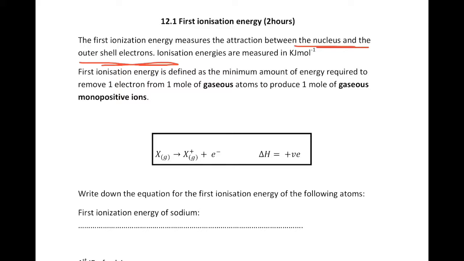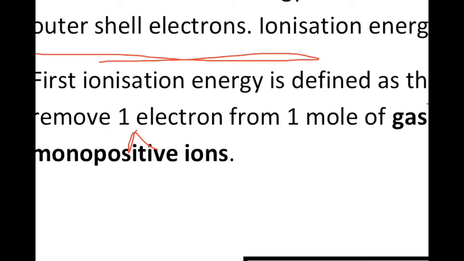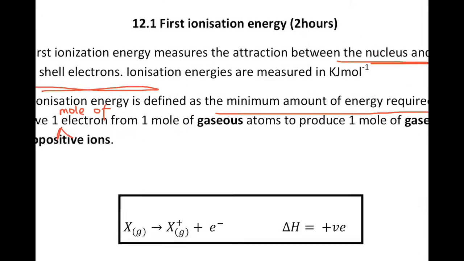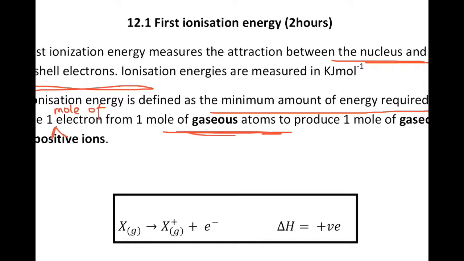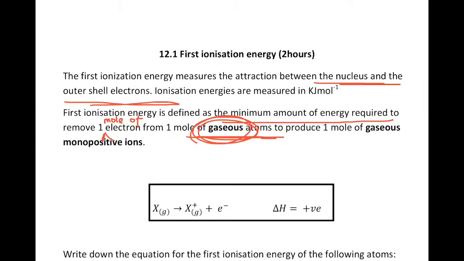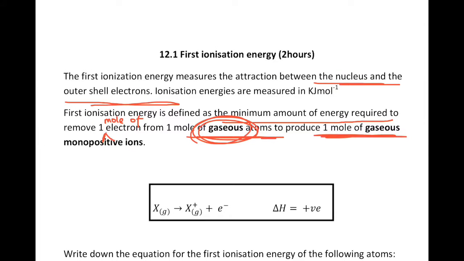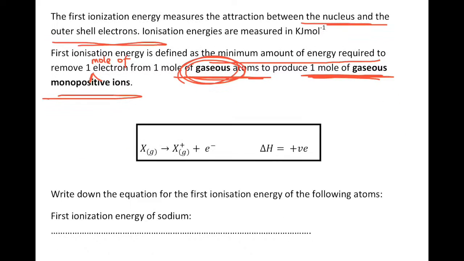First ionization energy is defined as the minimum amount of energy required to remove 1 mole of electrons from 1 mole of gaseous atoms, and it's very important that the atoms are in gaseous state, to produce 1 mole of gaseous monopositive ions. So that's the general equation.